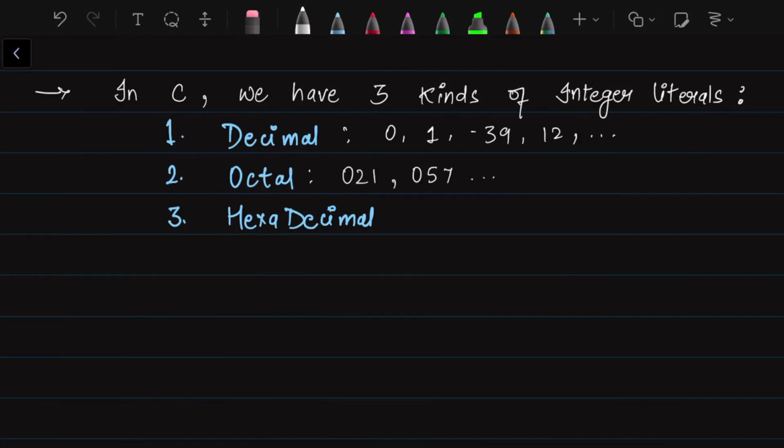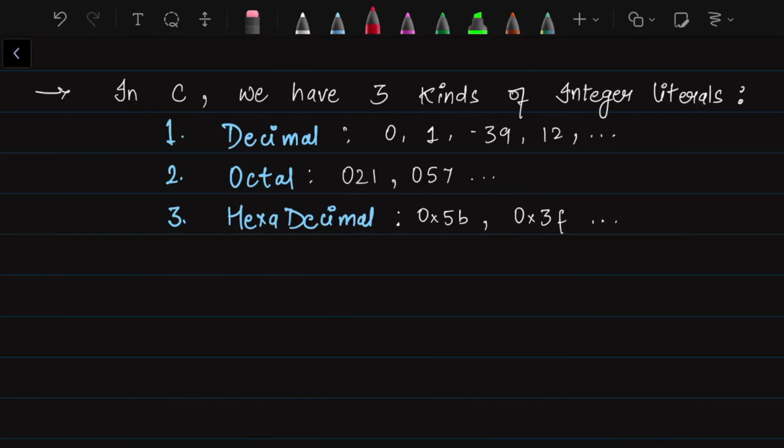Hexadecimal numbers are those numbers whose base value is 16, and they are represented by 0x5b, or you can say 0x3f, etc. All of these are hexadecimal values.